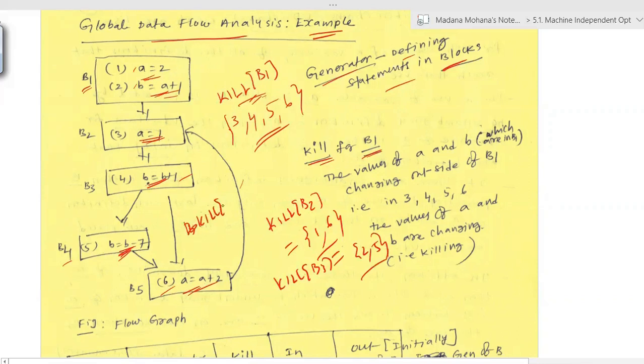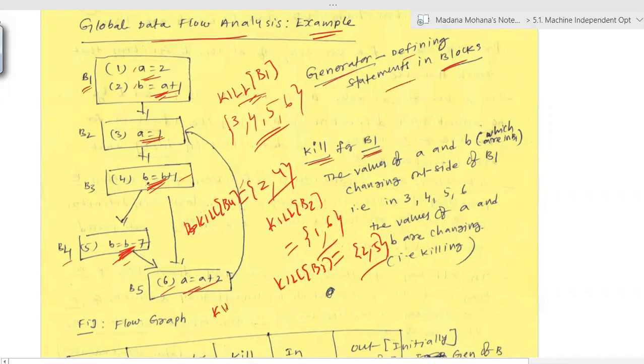Then similarly, KILL of B4. Here B equal to B minus 7, where B is outside of B4. So in the first block, the second one, the same definition is not used, so 2. Then again the third block, fourth statement, a different definition, so 4. So 2, 4 are the KILL of B4.